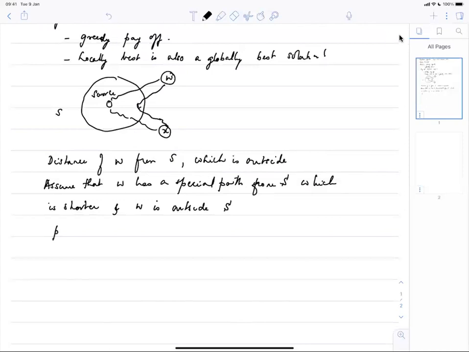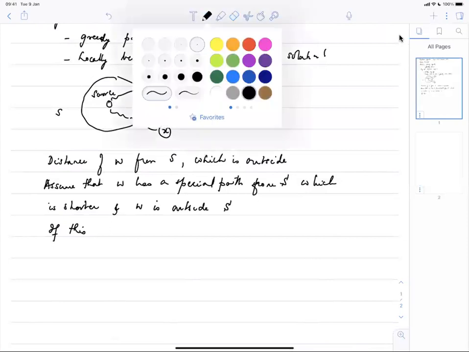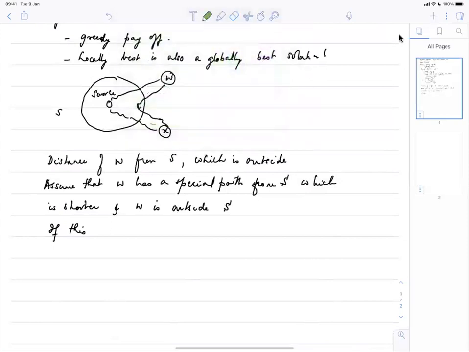So that means you're going through some X, coming in and out of S and going to W, other than the path that we are looking at. If this path is shorter, which is the path that we're talking about? We're talking about this path. This one.